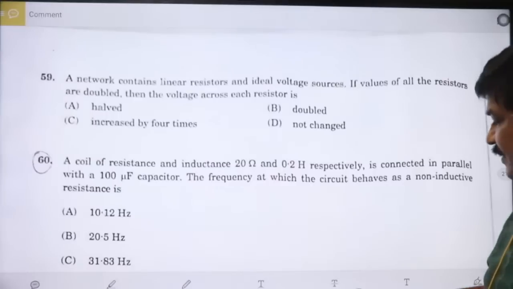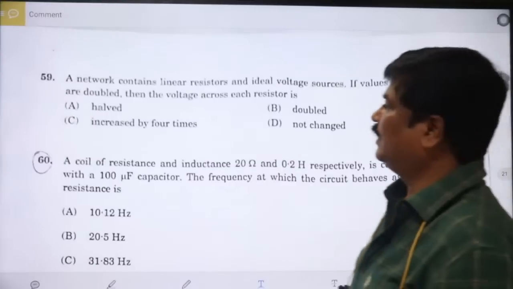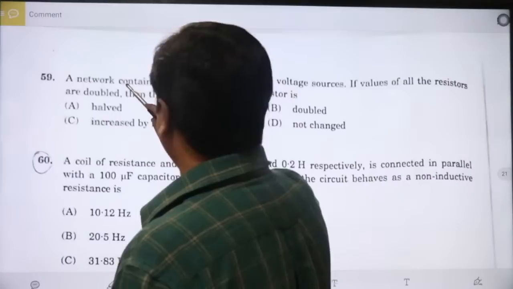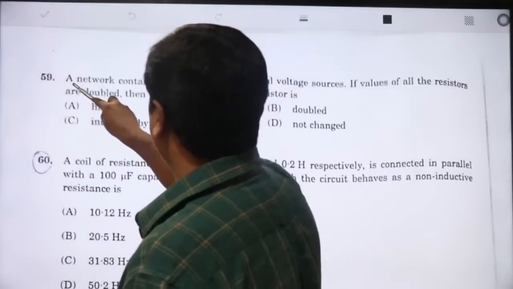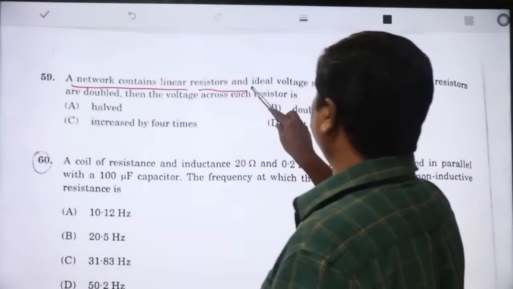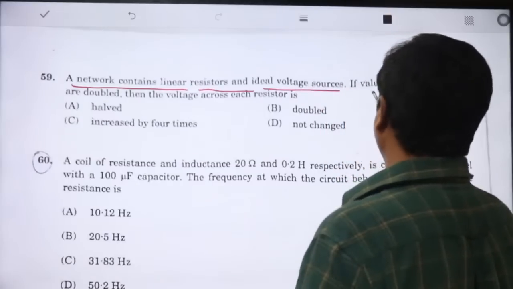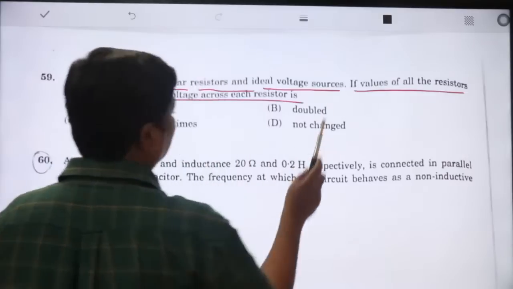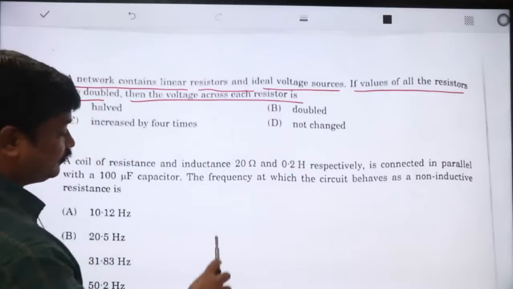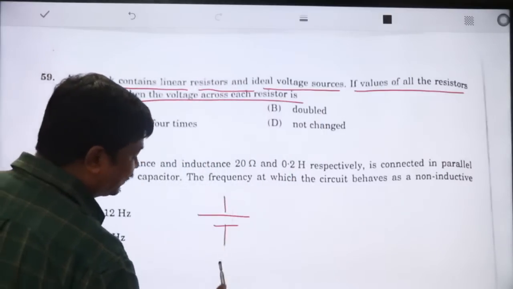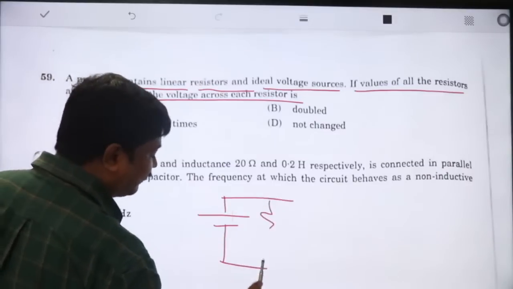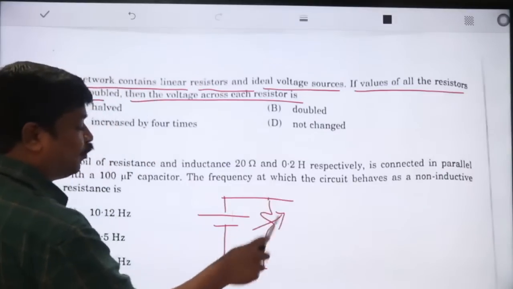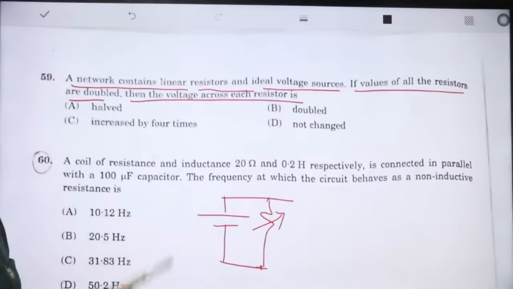See here, a network contains linear resistors and ideal voltage sources. The values of all the resistors are doubled, then what is the voltage across each resistor? Whenever you have an ideal voltage source and you vary the resistance, the voltage across the resistance does not change.